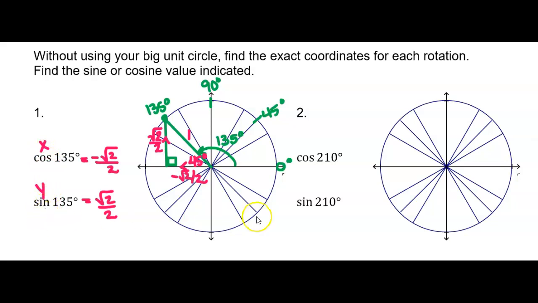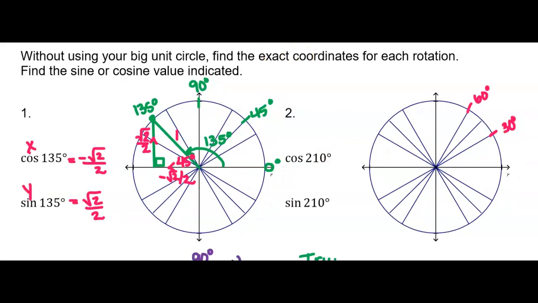So let's take a look at this one. Cosine and sine of 210 degrees. We should recognize that 210 degrees is a multiple of 30, not 45. So we have 30, 60, 90, 120, 150, 180, and here we are at 210 degrees.